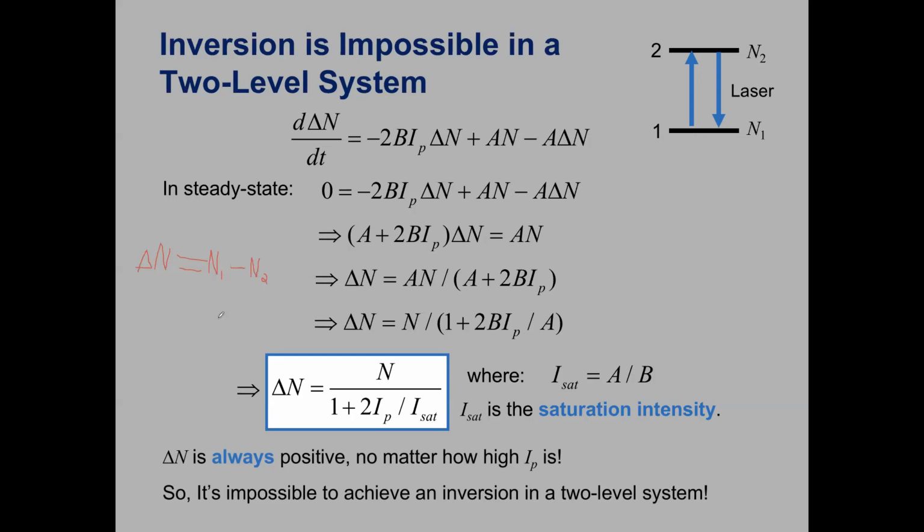So this means if you just have a two-state system, no matter how much energy you throw at the material, you'll never get to a case where you have population inversion. The atoms just end up falling back down to the ground state too quickly. So if you only have a two-state system, you can't get it to work as a laser.